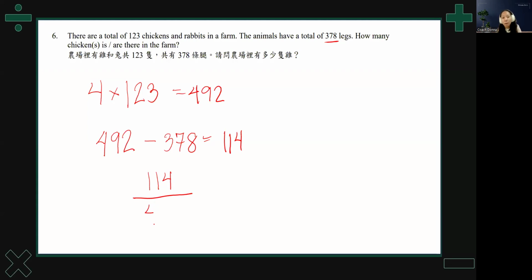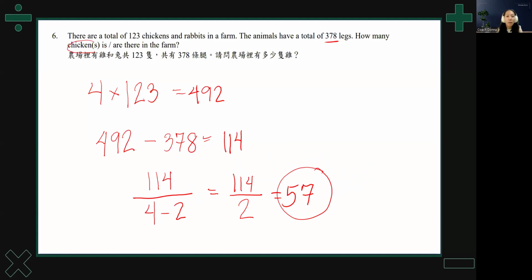You have 4 legs for a rabbit and 2 legs for the chicken. So 4 minus 2 is 2. 114 divided by 2, that would be 57. Okay, I mean 57 is the number of chickens.